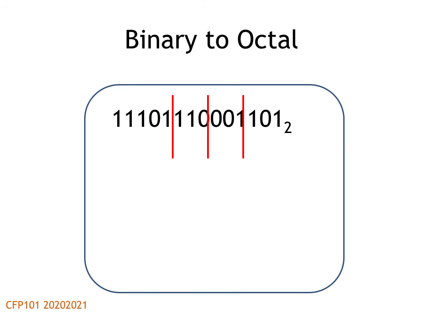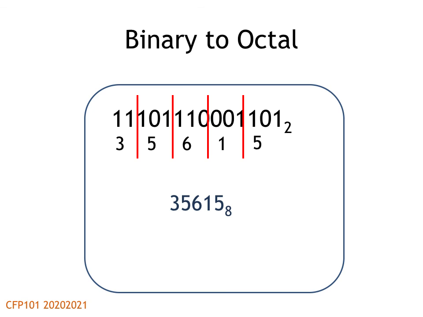So every 3 bits, we draw a line. Okay, and what do we do with these? Now, those 3 bits, what you need to do is write down the equivalent octal number. So 101 is 5. 001 is 1. 110 is 6. 101 is 5. And 11 or 011 is still 3. That's your answer.